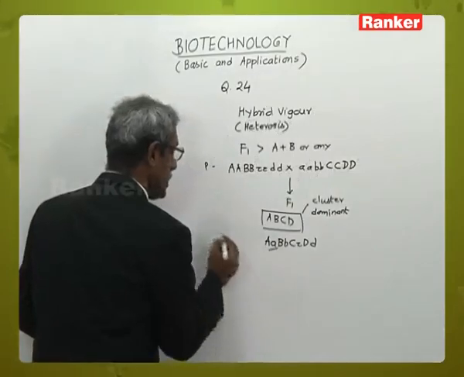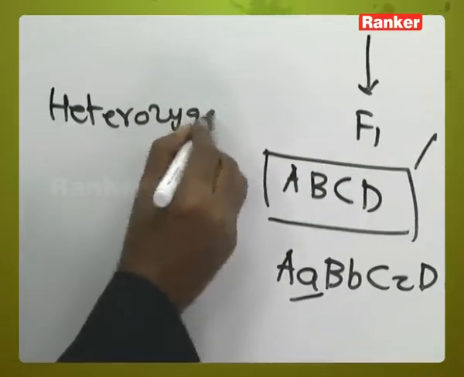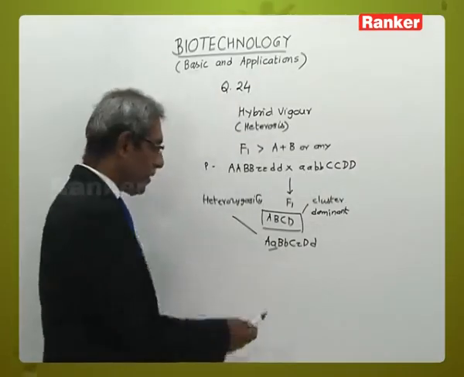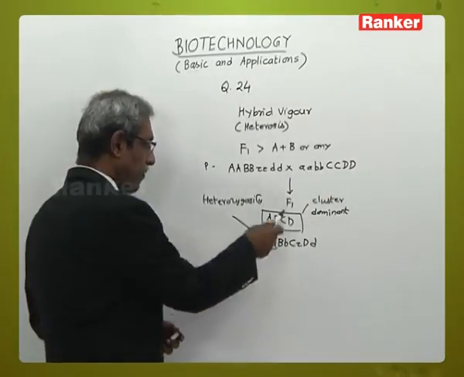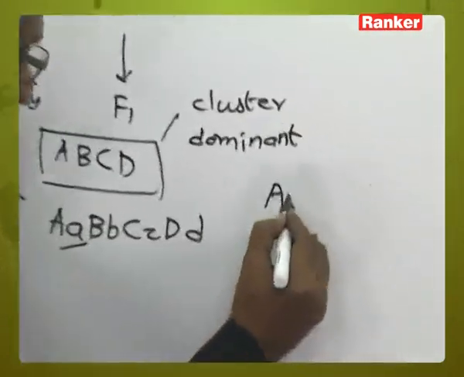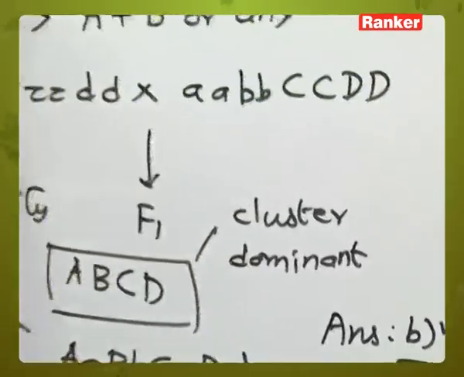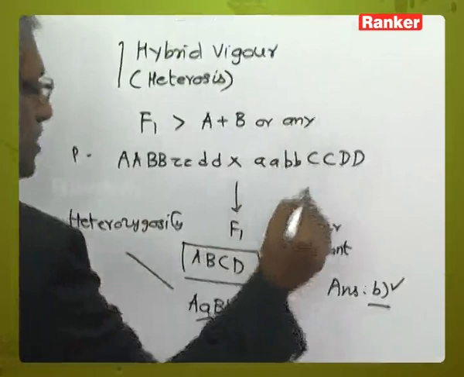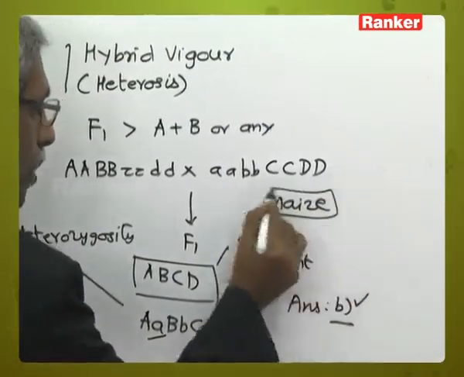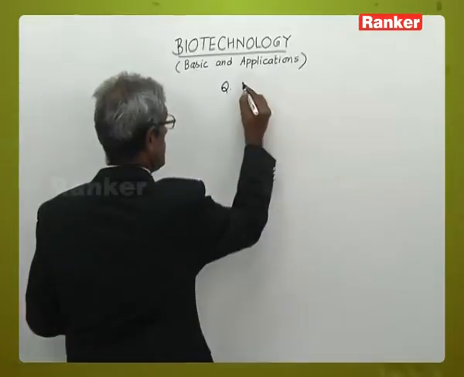So, this condition is predominantly termed as heterozygosity. So, heterozygosity results in the F1, especially in the case of hybrid vigor. The answer is B. Hybrid vigor is normally seen in the case of maize or corn. It is seen in maize or corn.